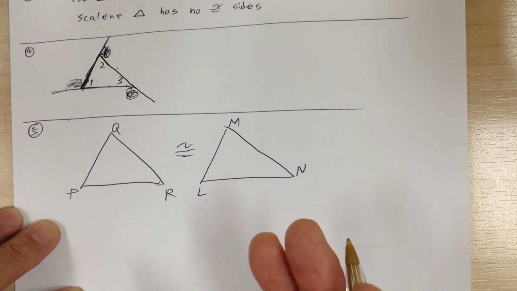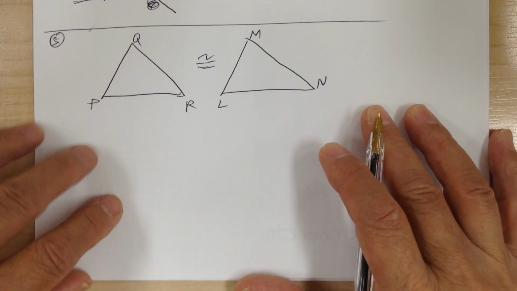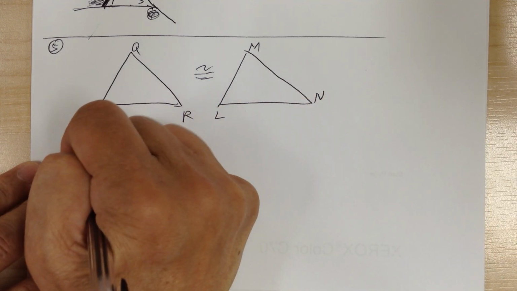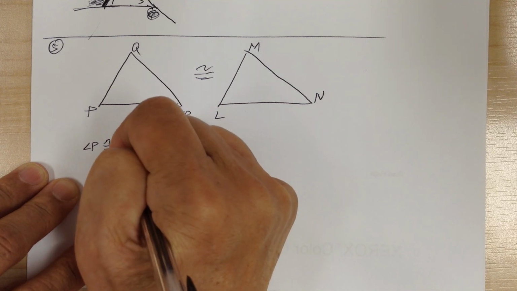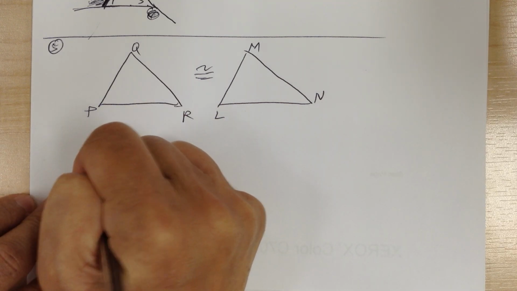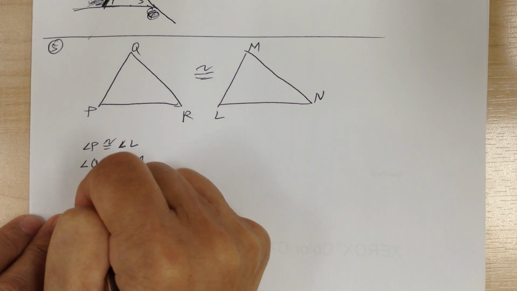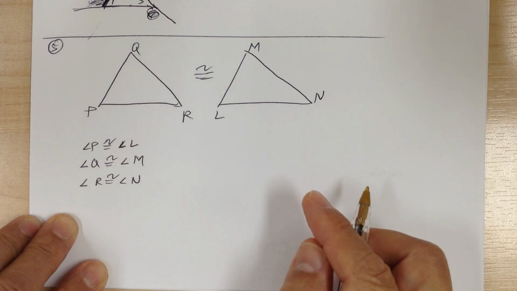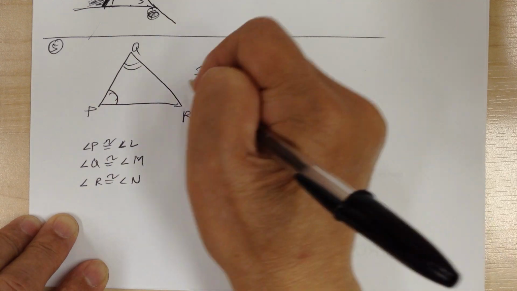So which angles are corresponding angles, which sides are corresponding sides. Okay, so again, if 2 triangles are congruent, then you apply CPCTC, so you're going to get angle P is congruent to angle L, and angle Q is congruent to angle M, and angle R is congruent to angle N. Okay, so that takes care of 3 angles. So now we're like this, right?